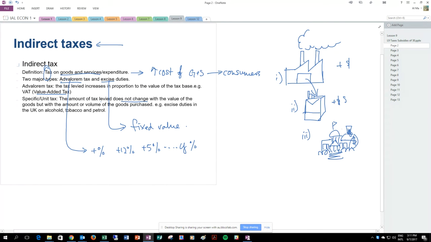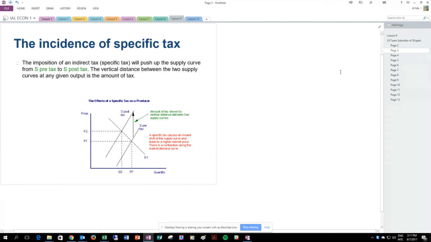And the idea of taxation, right, can be illustrated on a regular supply and demand diagram, as we could see here, right?